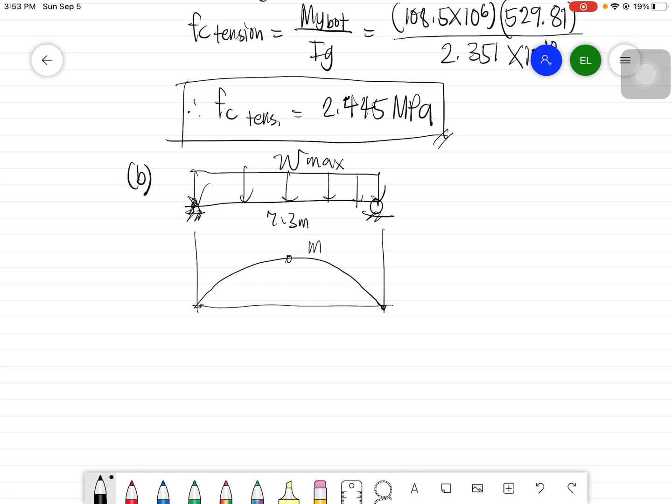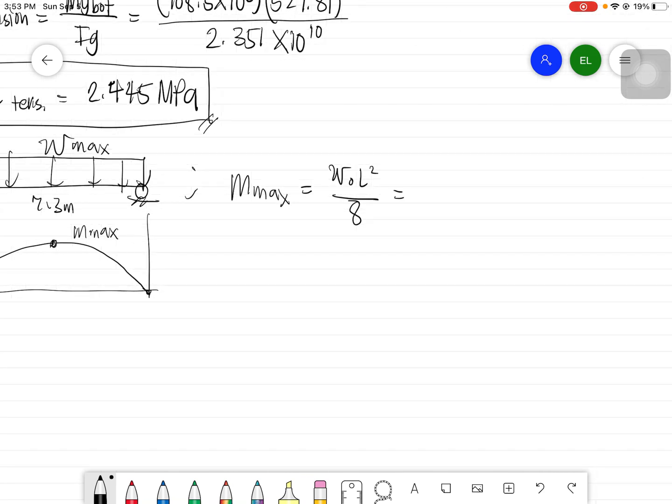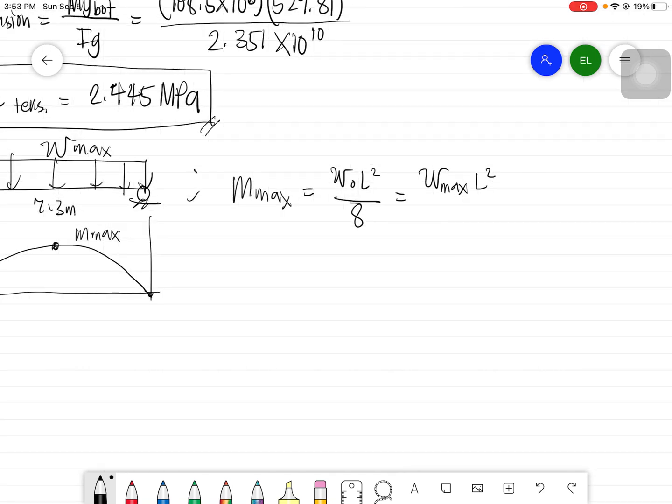We have this one here, M max. For M max, I think we are all familiar with this already: M max for a uniformly distributed load in a simply supported span is equal to W L squared over 8, right? Now, since that is the maximum, that is W max L squared over 8.